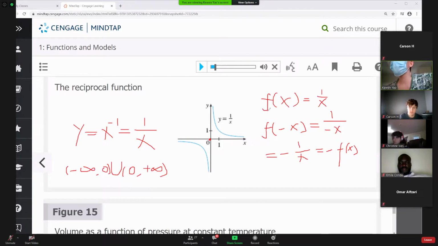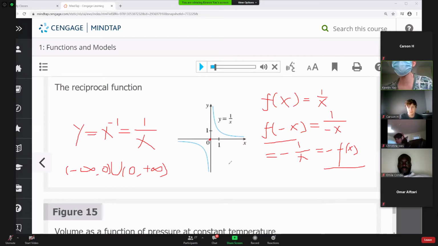Without graphing, we can see right away from the formula of the function that this is an odd function. Of course, you can also sketch it, and from the graph it's easy to see that this function is an odd function. So there are two ways of determining that this is an odd function. One is by using the definition, f(-x) equal to negative f(x).